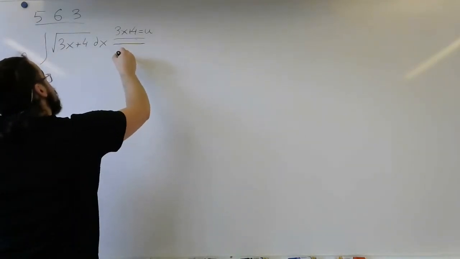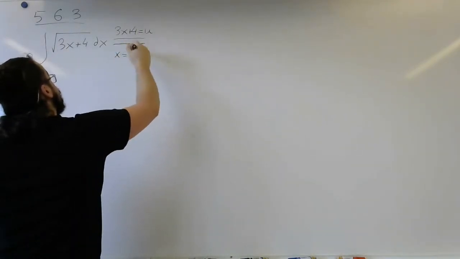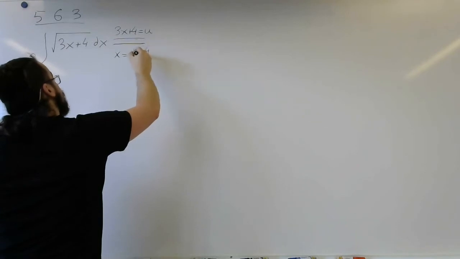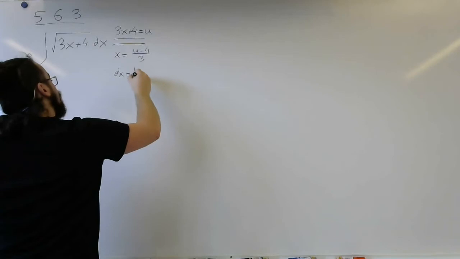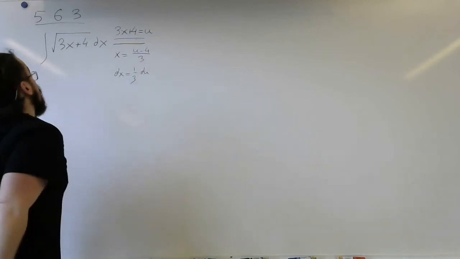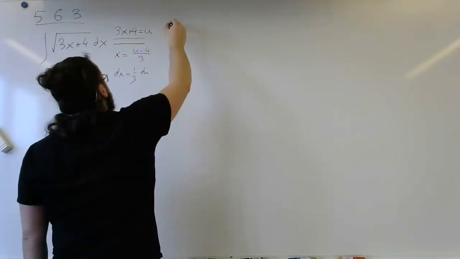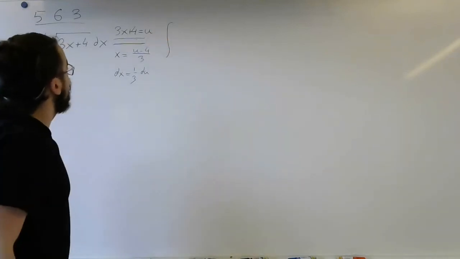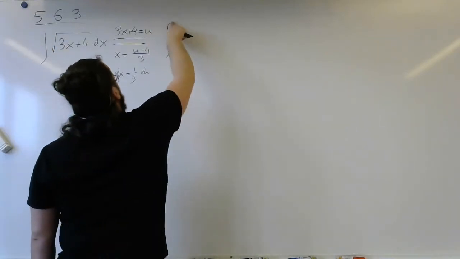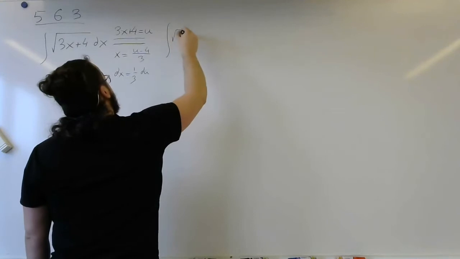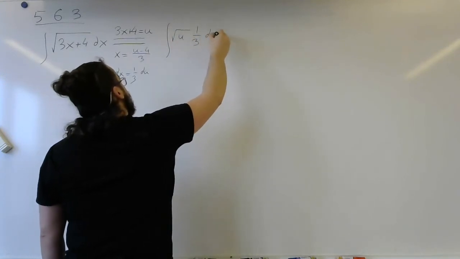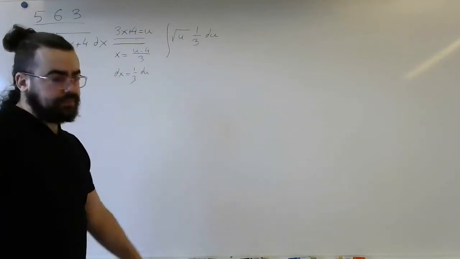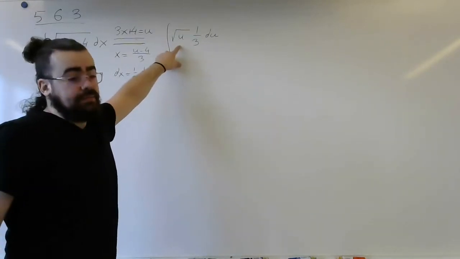In this case, x would be u minus 4/3, and so the x is 1/3 of the u. So we put that integral sign here, and what we have is square root of u, 1/3 differential of u.